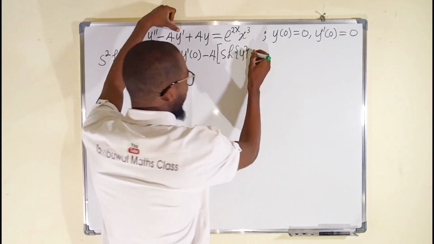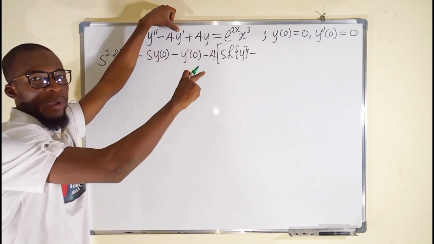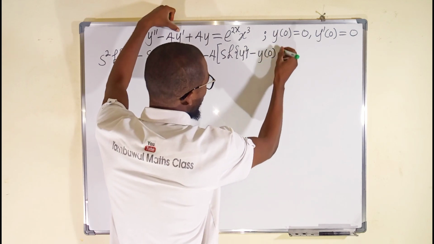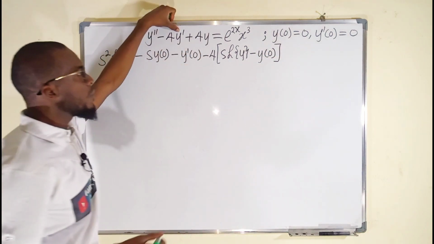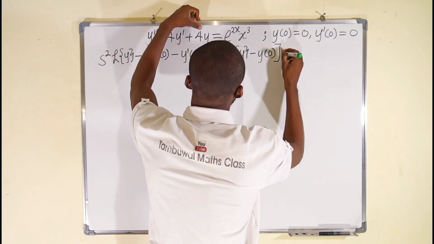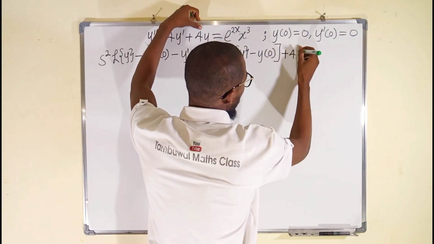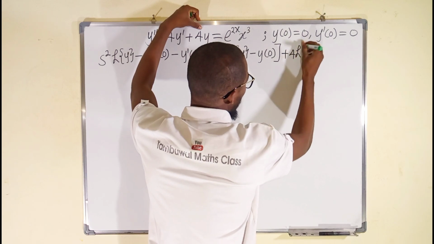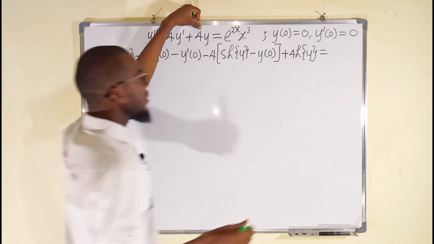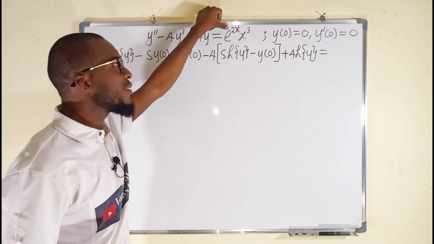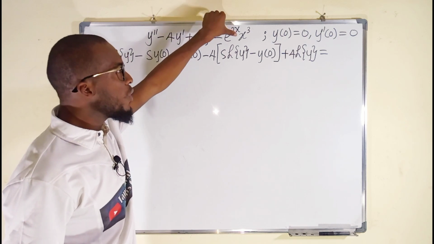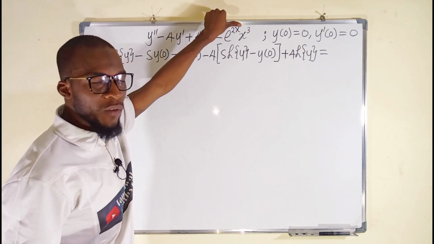Then you subtract, the power of s will reduce by 1, we just have y of 0. Moving on, we have 4 outside, multiplied by the Laplace transform of y. And to the right hand side, we have the Laplace transform of e to the 2x, then multiplied by x to the power of 3.